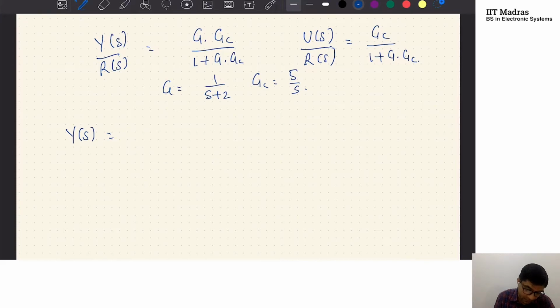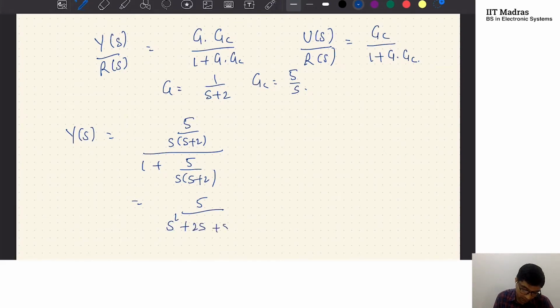So this will become 5 over s plus 2 over 5 over s plus 2. So this becomes 5 over s squared plus 2s plus 5 times the step. So y at infinity, using the final value theorem, you can easily check that this becomes 1.